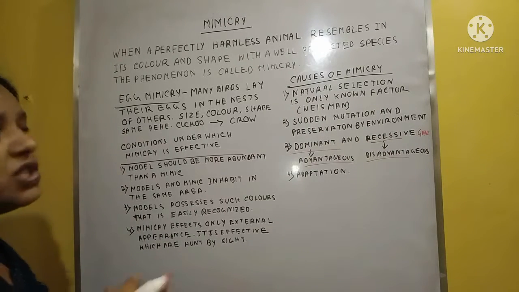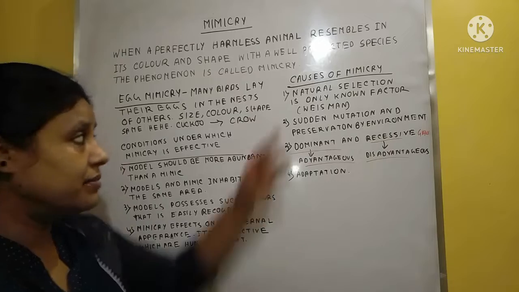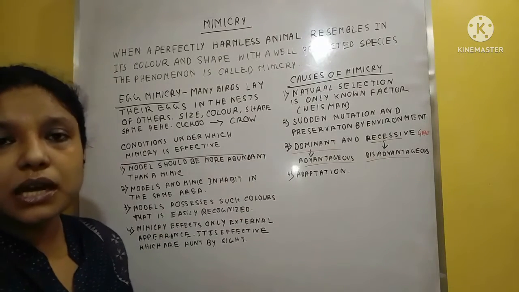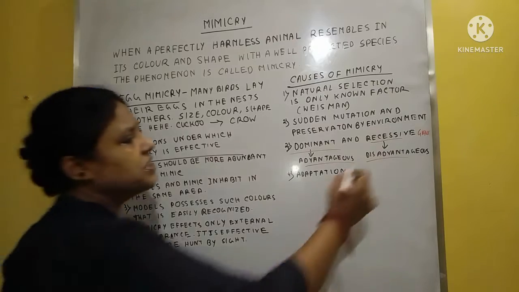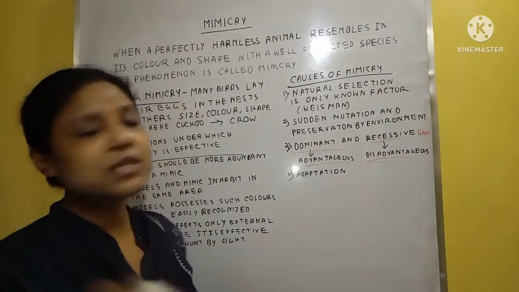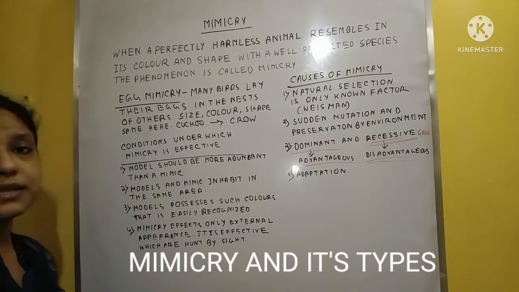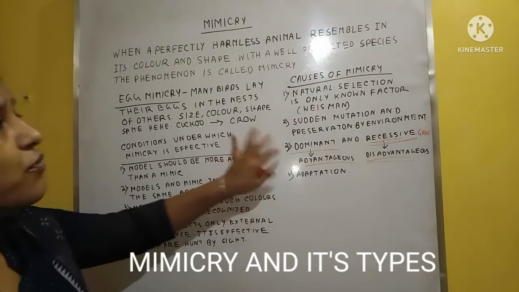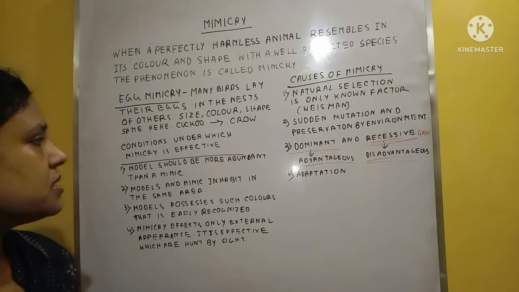If the gene created by the mutation is very disadvantageous, then it becomes recessive. This is another reason for getting the mimicking animals.